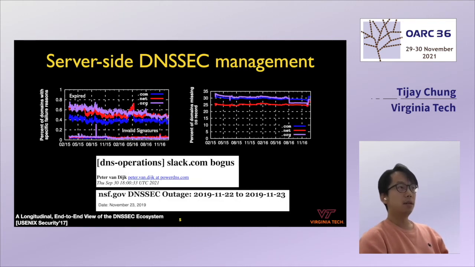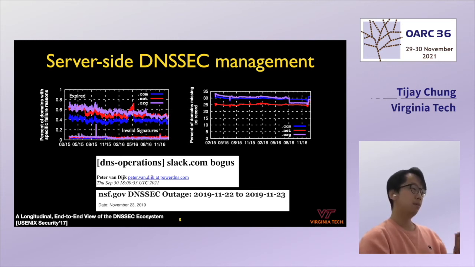But the thing is, server-side DNSSEC management is sometimes challenging. The left figure shows the percentage of domains with specific failure reasons. This graph is a little bit outdated, so the most recent snapshot is December 2016. For example, the expired and invalid signatures ratio is under 1%, which is not that bad.